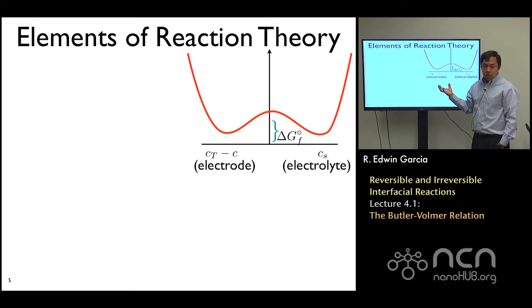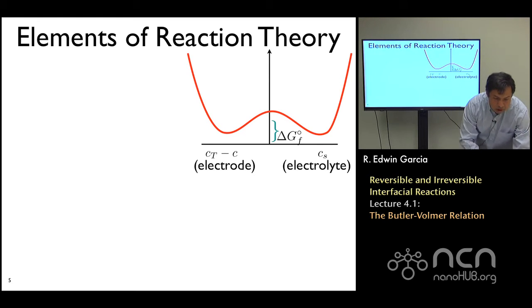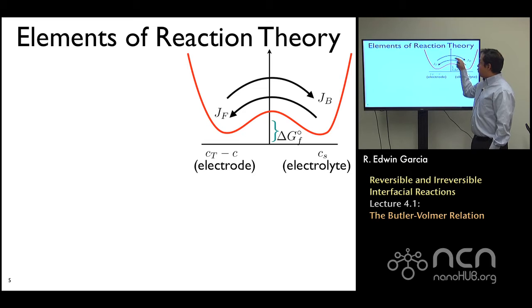And mathematically what we do is we propose the existence of 2 fluxes, a forward flux that is driving the system into the electrode, and a backward flux that is actually removing those ions, deintercalating them out of the electrode.